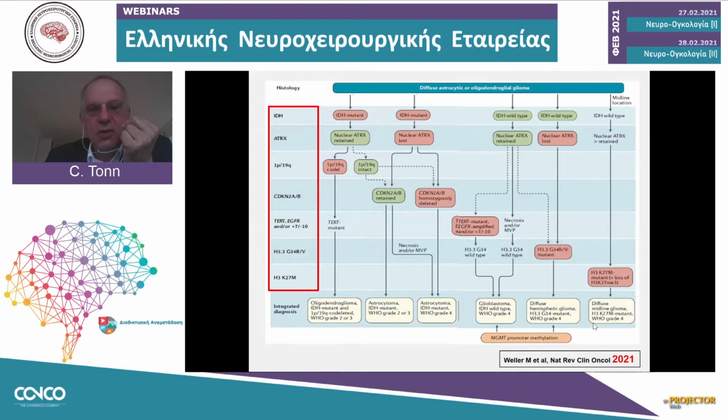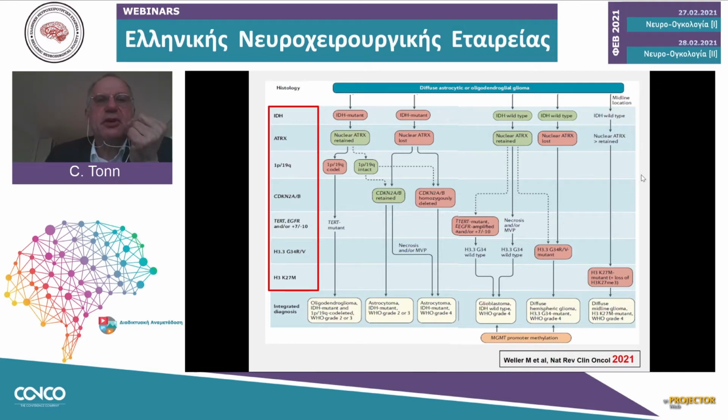And this is now how the scheme looks like, actually 4 years after the publication of the revised WHO version. Instead of IDH1 and co-deletion 1p19q, you have now 7 different gene signatures here, which discriminate different types of tumors.